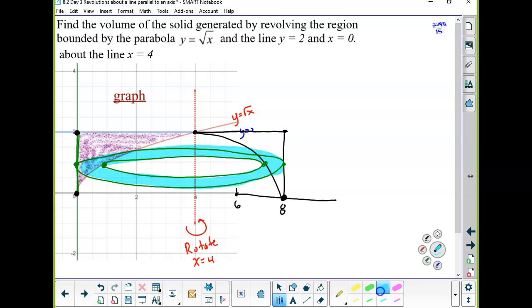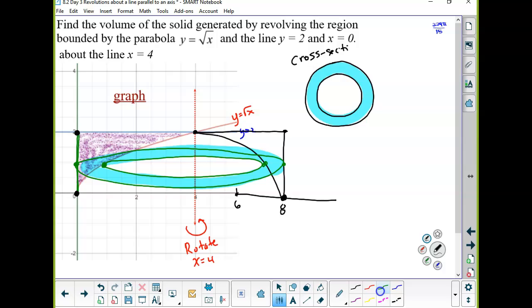You can see it's that washer. And then the challenge is what is the large radius and what is the small radius.